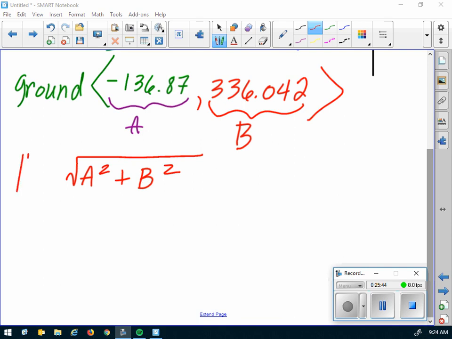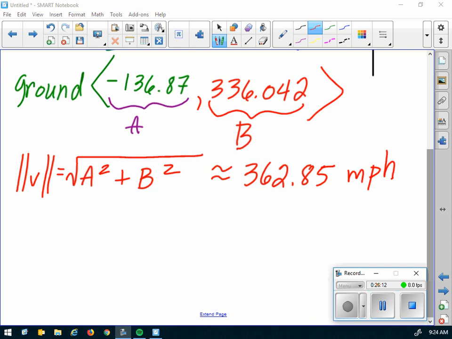So the magnitude of the vector is 362.85. What unit? Miles per hour.